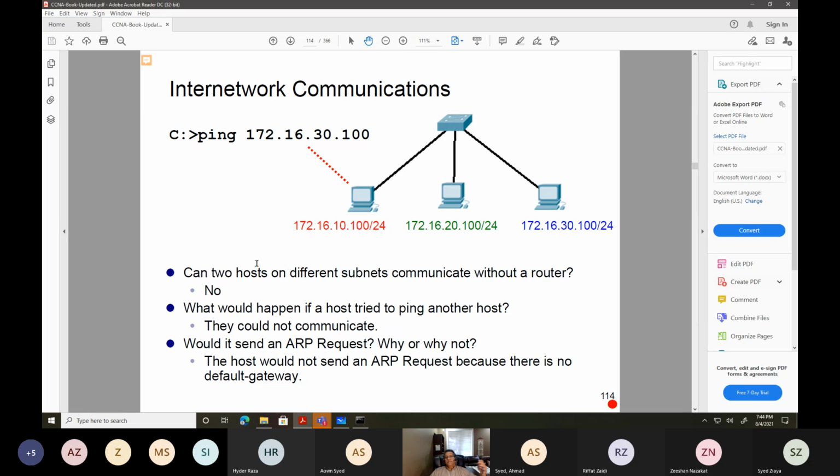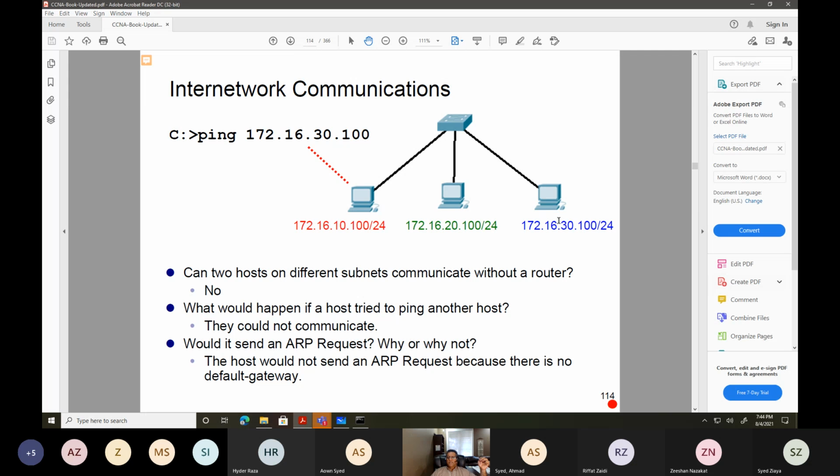Ping is basically ICMP, right? And what ping does is make sure the other end is alive. So if I'm pinging from this device to this device, I'm sending 5 packets, and when they arrive, the other end says I'm alive and specifically sends a reply back.